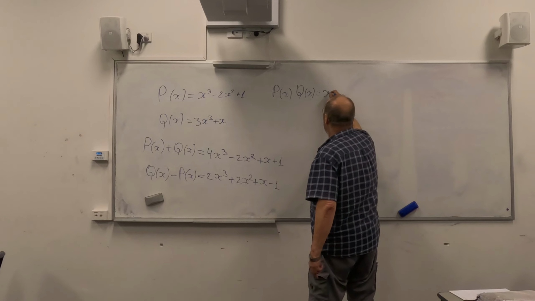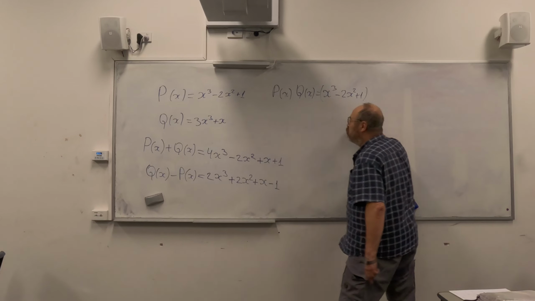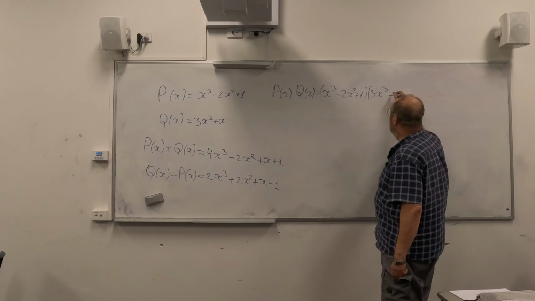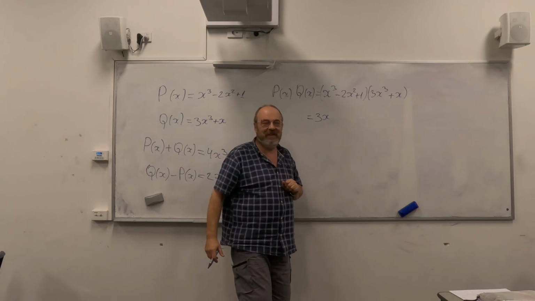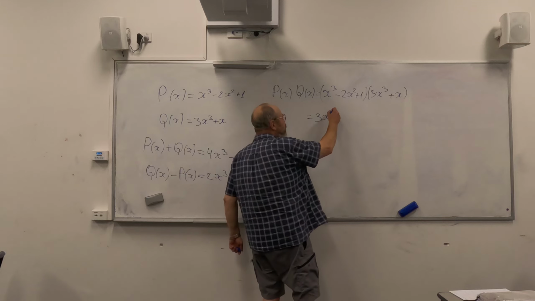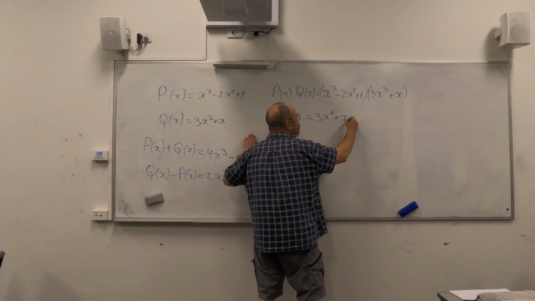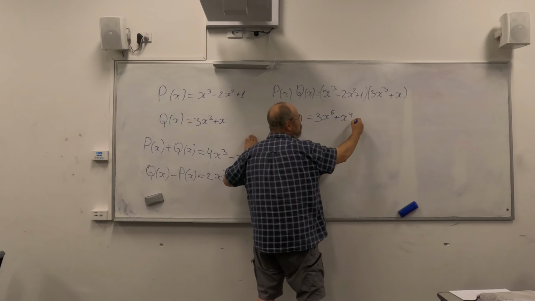We have x cubed minus 2x squared plus 1 times 3x cubed plus x. x cubed times 3x cubed, what is x cubed times x cubed? x to the power of 6, so 3x to the power of 6. x cubed times x is x to the power of 4. Minus 2x squared times 3x cubed is minus 6x to the power of 5.